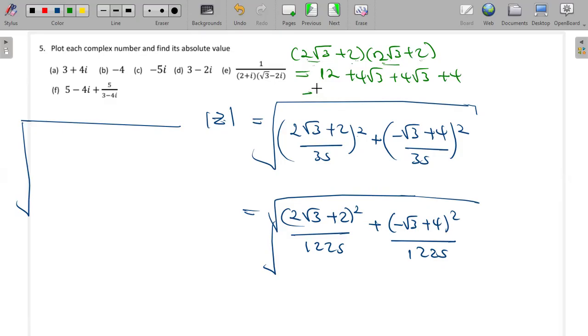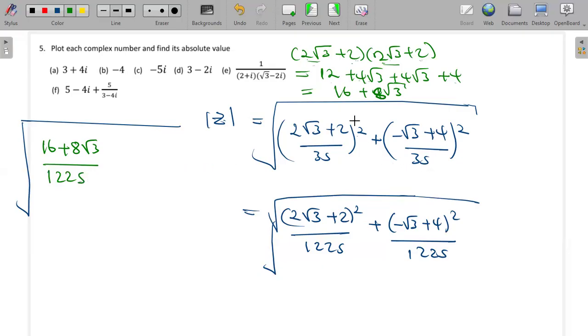So 4 plus 12 gives us 16, and 4 root 3 plus 4 root 3 gives us 8 root 3. That's the first one, so I write 16 plus 8 root 3 over 1225.